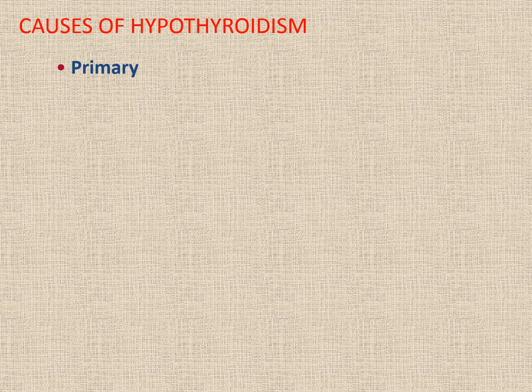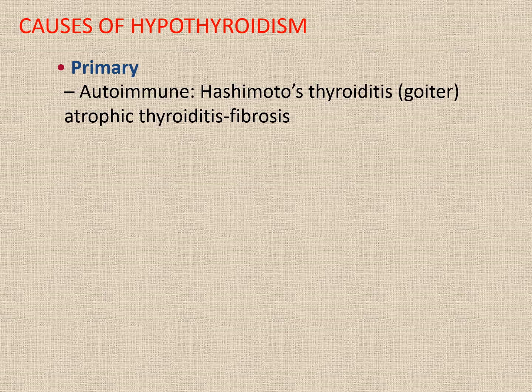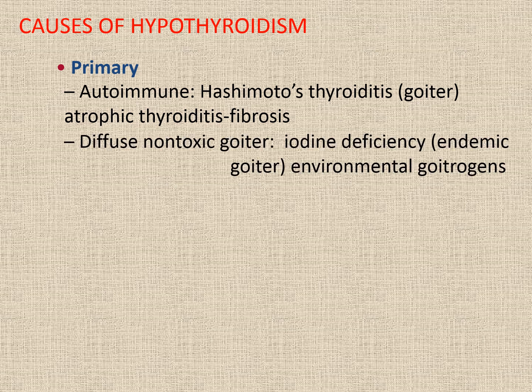Another is atrophic thyroiditis, which causes fibrosis of the gland. Then diffuse non-toxic goiter, that is iodine deficiency, endemic goiter or environmental goiter.